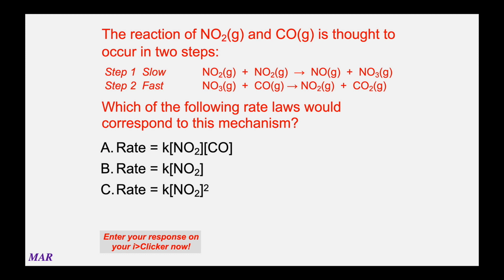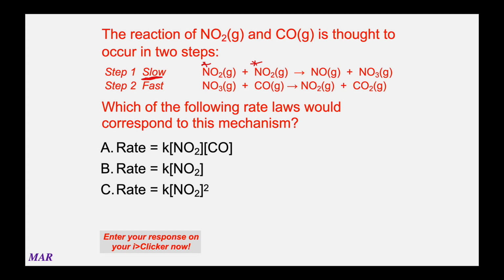Okay, I'm going to assume you've worked on the problem. You're ready to talk about the answer, so let's do it. Rate laws and slow mechanism steps go together, and that's super important. So for this slow step, the reactants are going to appear in the rate law. And you can see in the slow step, there's not just one NO2, there's 2 NO2s.